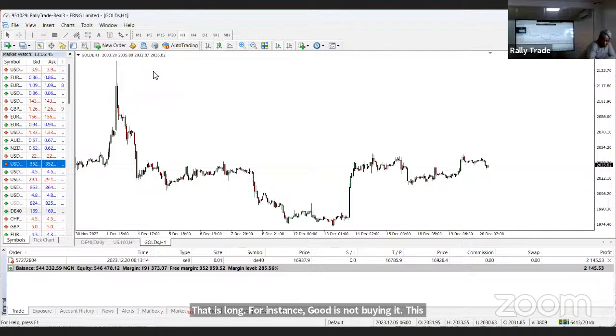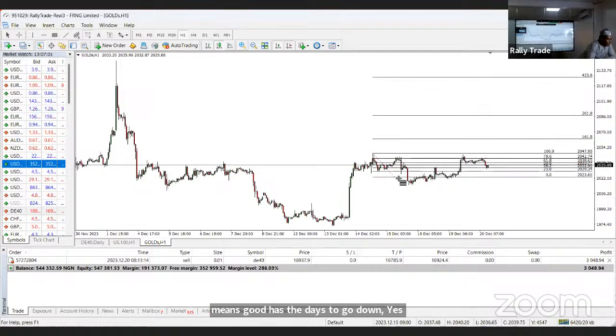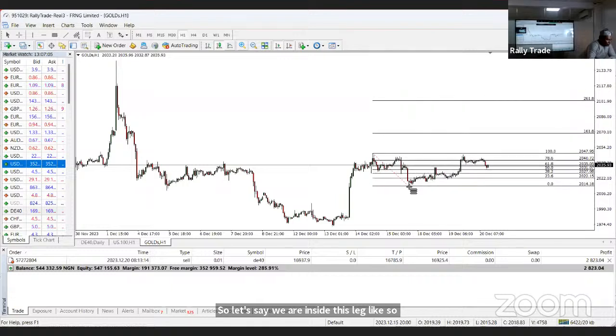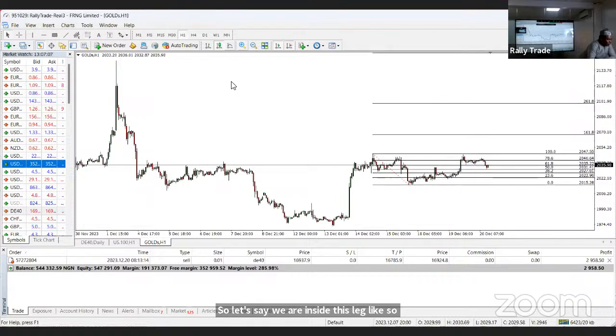This gold will go down. Gold is not going to go up in a hurry now. There's more potential for gold to go down than go up. So let's say we identify this leg like so. That's a bearish leg.